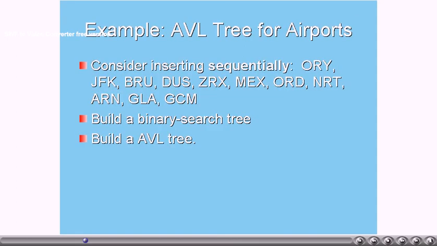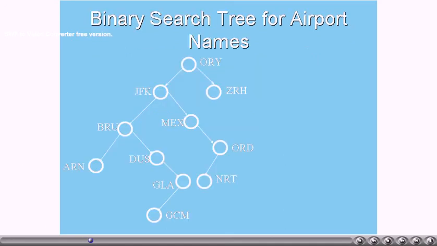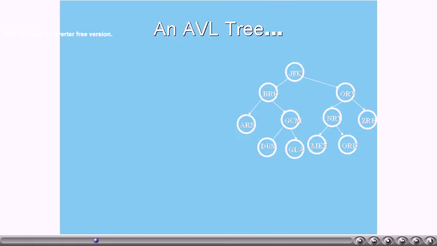Just to explain the difference between binary search tree and AVL tree, consider some airport names and we try to maintain them in binary search tree fashion and also AVL tree fashion. This is the binary search tree for the airport names. This is the AVL tree for the same names.